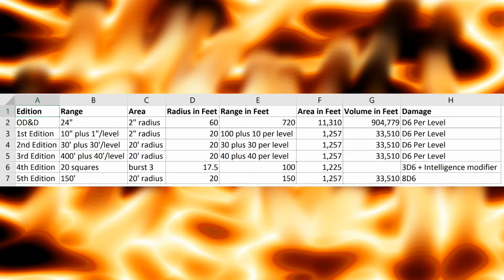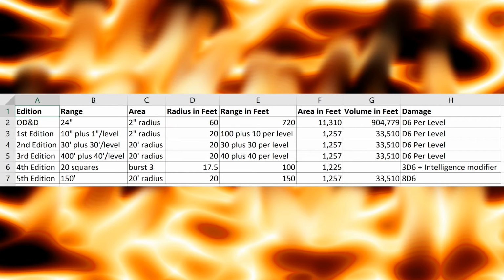That's a radius of 20 feet, which gives you an area of 1,257. The 4th edition uses a burst 3, which affects 7 by 7 squares. Each square is 5 feet, which gives you an area of effect of 1,225. Just a little bit less, 2 square feet less.